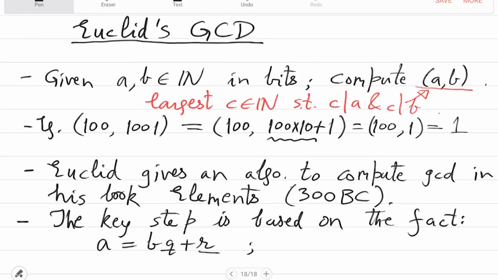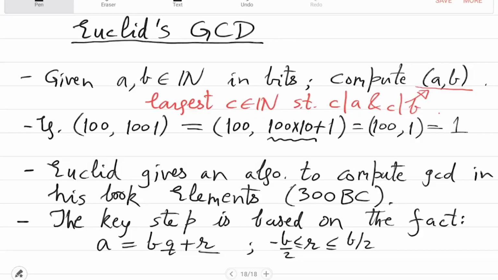But just for fun, say the remainder is even smaller than B by 2. So let us say that the remainder is smaller than B by 2 and at least minus B by 2. This also can be achieved, because if the remainder comes out to be more than B by 2, then you just subtract B and you will go in the negative side. So this will be very important in the analysis of the algorithm, or the analysis will become easier to see with this assumption.